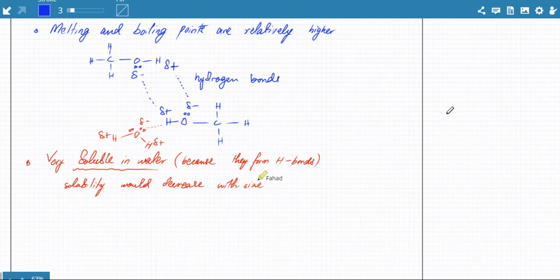Why does it decrease with size? Because in a bigger molecule, the carbon chain would not be forming hydrogen bonds. Only the OH part at the end is polar.